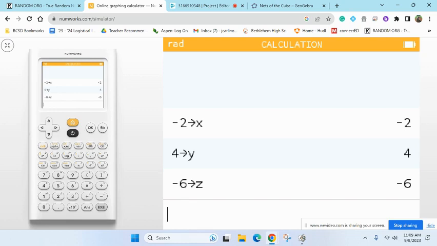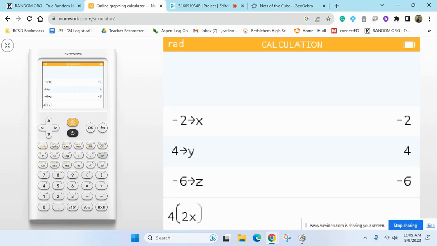So now we'll just go back to the expression we need the answer for and type everything in as is, and the calculator will do all the grinding. It'll plug everything in the correct order and use order of operations. So 4 parentheses, 2x raised to the 4th plus 5y minus z.